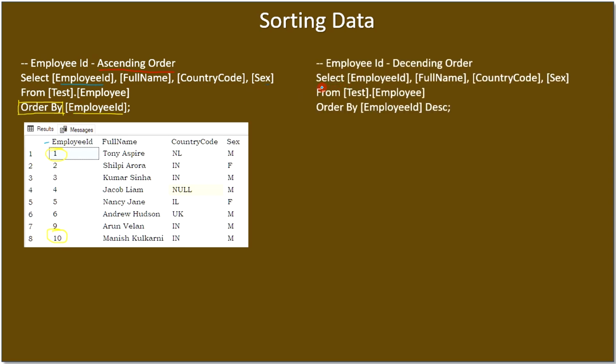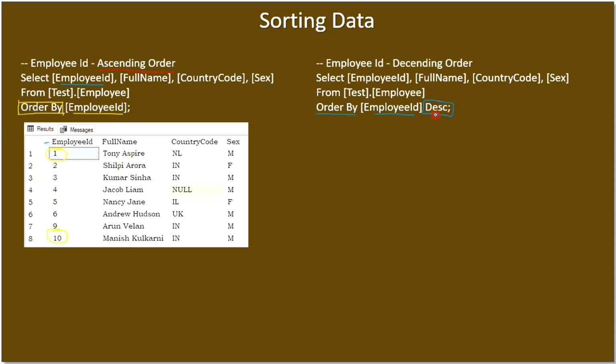Next, here we are going with the same list of columns from test.employee, order by the same employee ID, but we don't want ascending order, so we specify the keyword DESC.